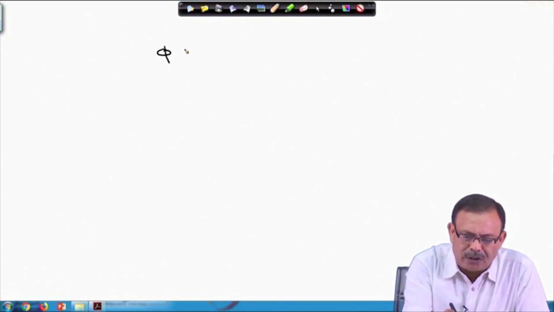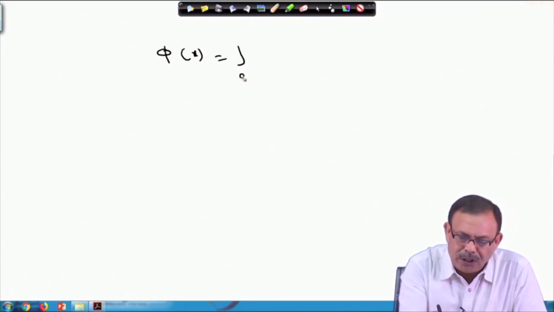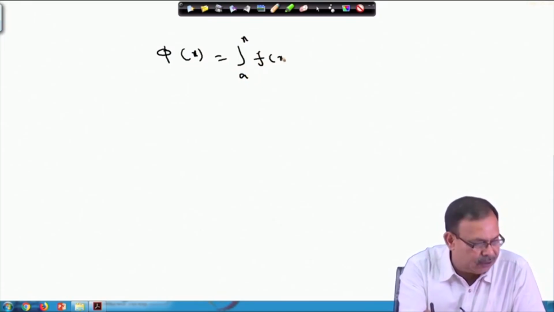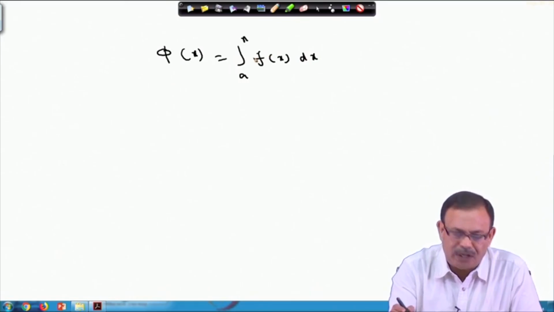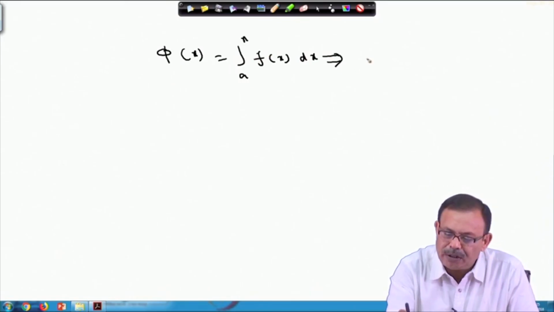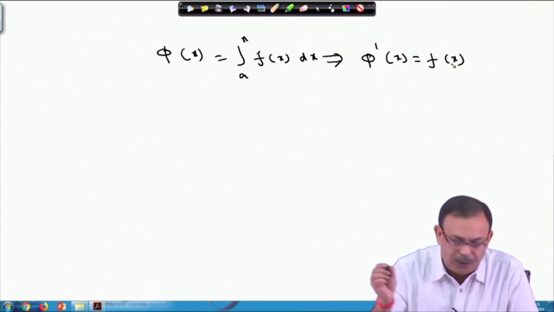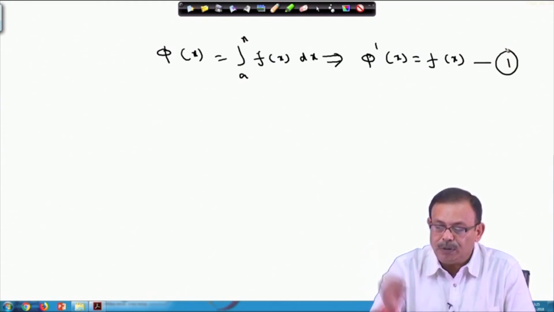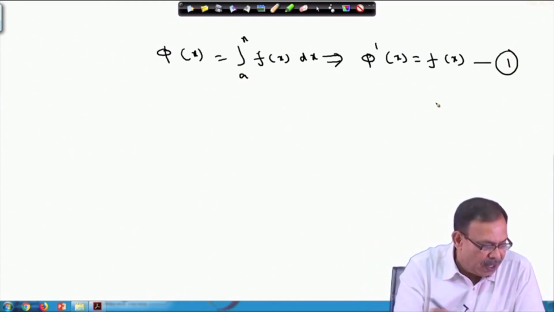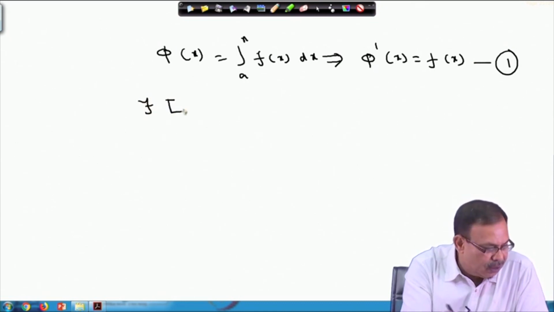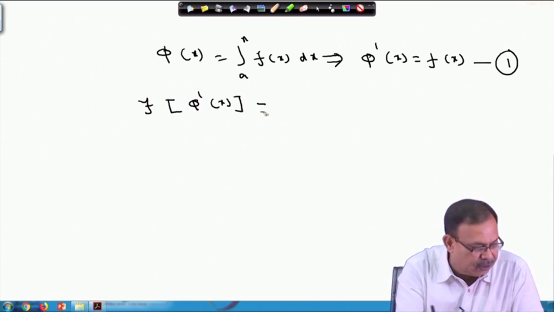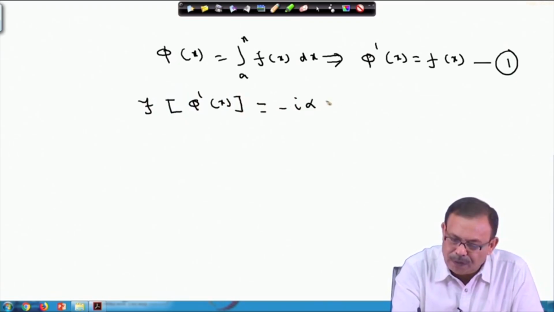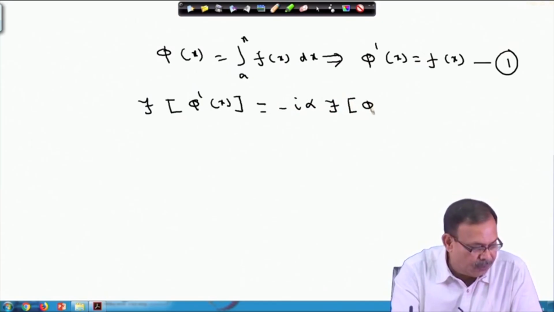I am assuming this: let phi x equal the integral from a to x of f(x) dx, so that phi dash x, using differentiation under the integral sign, is equal to f(x). So, the Fourier transform of phi dash x, using the earlier properties, I can write as minus i alpha into the Fourier transform of phi x.